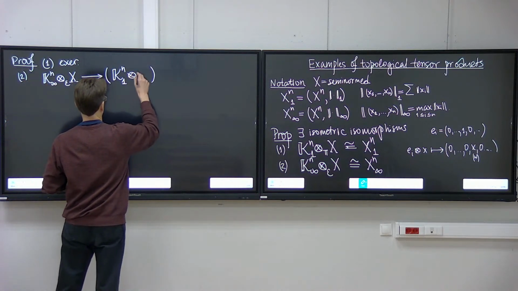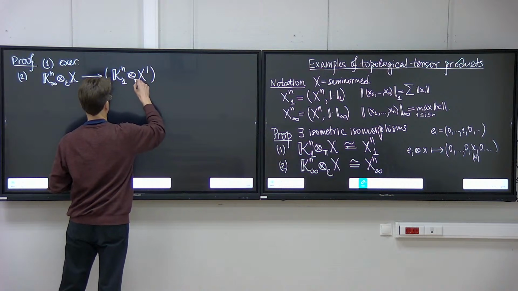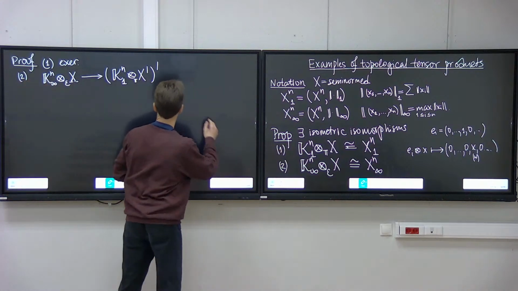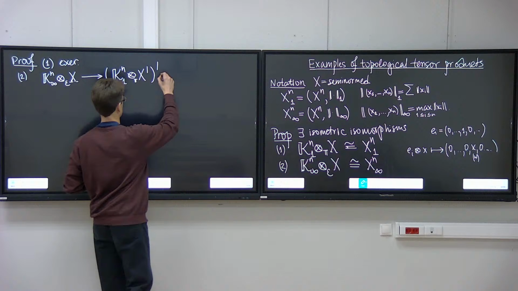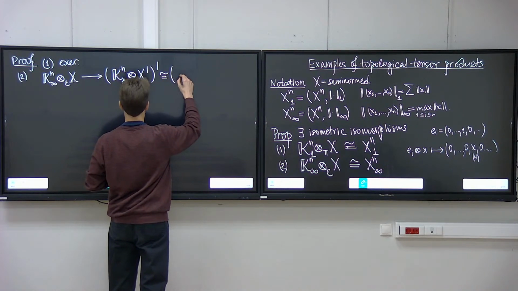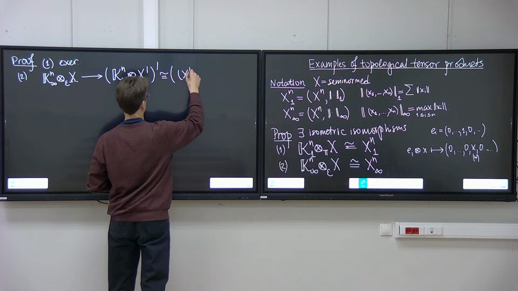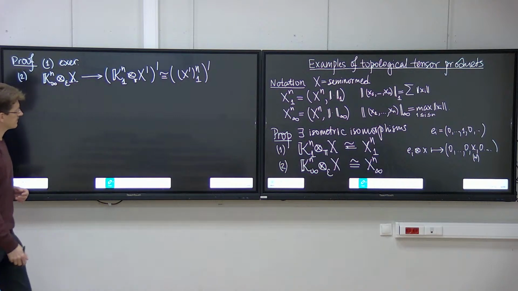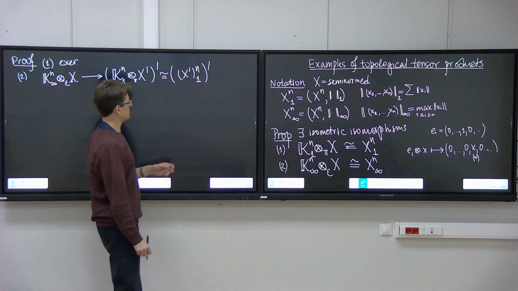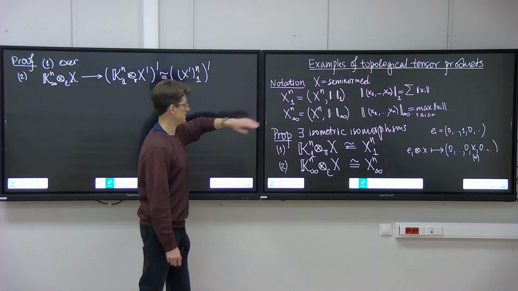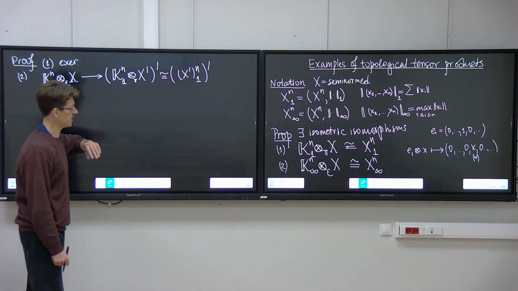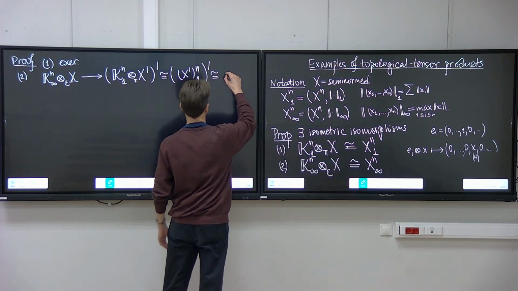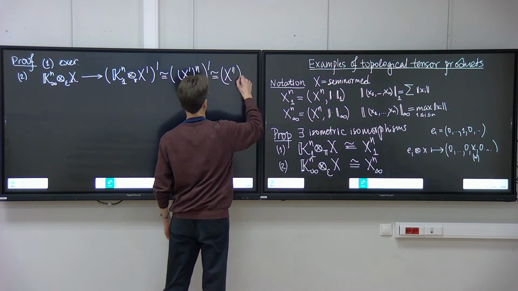And the dual of X is X prime. By part 1, this projective tensor product is isometric to X prime^n_1, and we take the dual of this. But the dual of X prime^n_1 is easily seen to be X double prime^n_infinity.